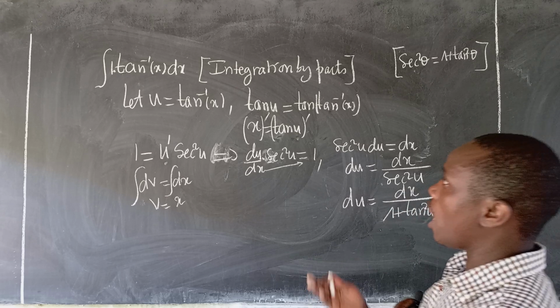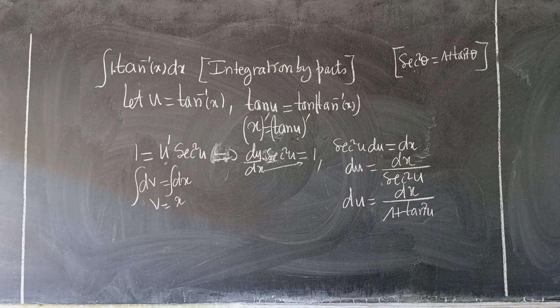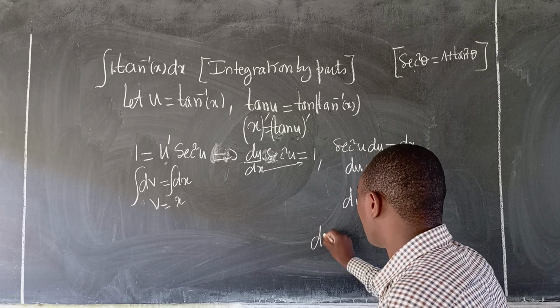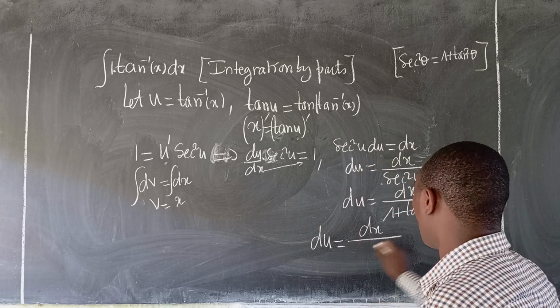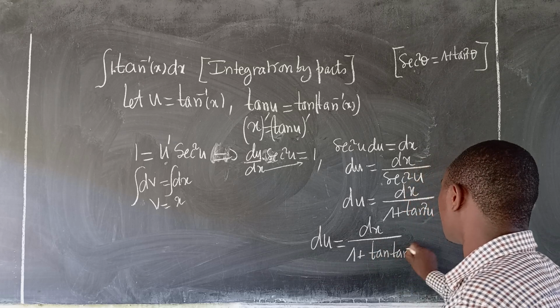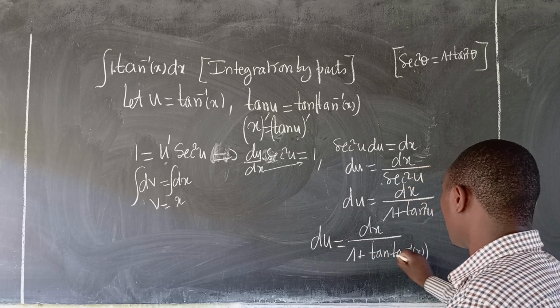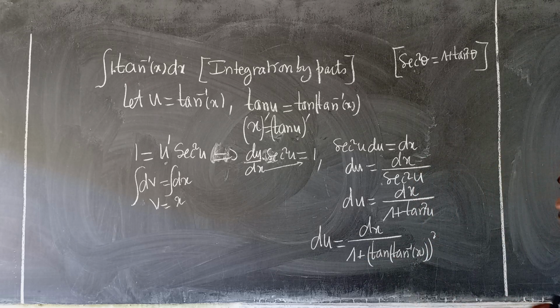Remember our u was tan inverse of x. So du is equal to dx over 1 plus tan of tan inverse x, all squared.